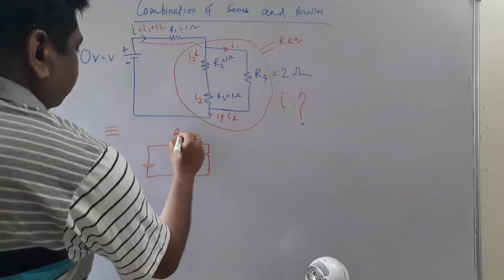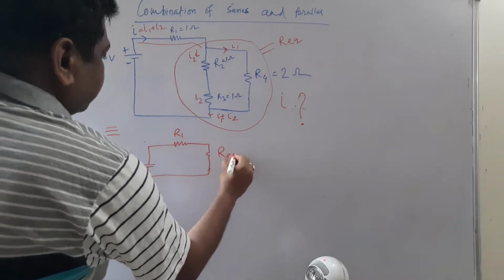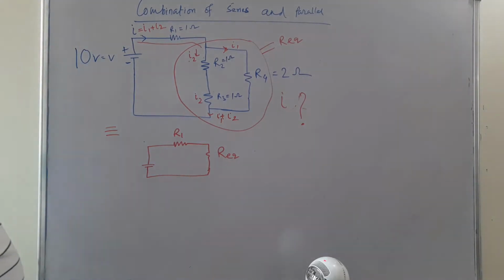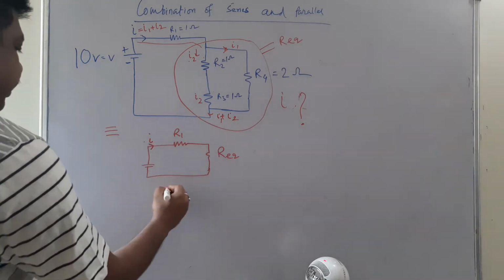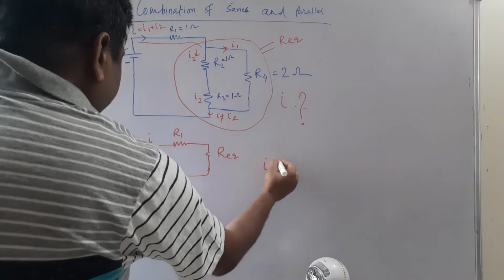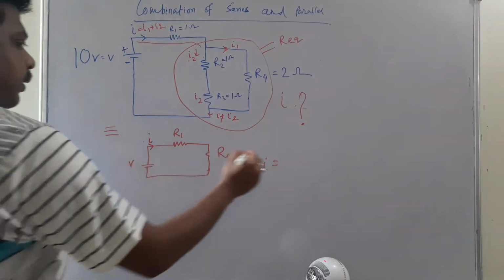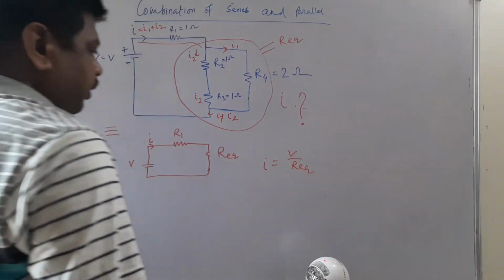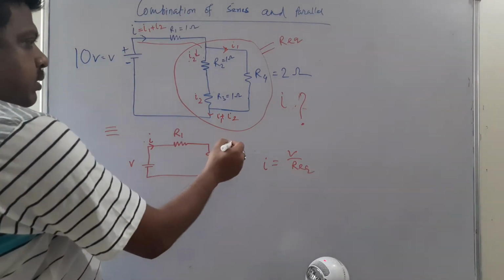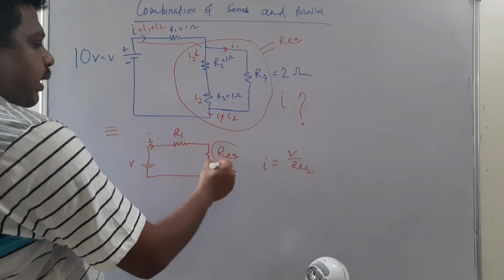So this is R1 and this is Req. Okay. Now here you can calculate that I. So that I will be equal to V by Req. Okay. So let's try to find out this Req.